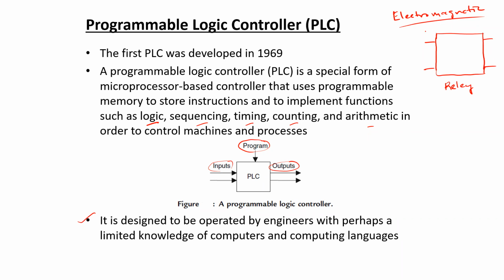So if this is the input side, this is the output side. At the input side, the two input terminals are normally connected with an electromagnetic coil. And the output side is normally having either a normally open contact or a normally closed contact.